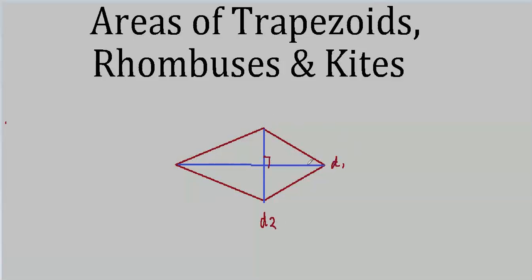The long diagonal bisects the shorter diagonal, and that's pretty easy to see because these two sides are congruent, right, in a kite, and these two sides are congruent. So if you just look at this part here, we've got an isosceles triangle. Look at this part here, we've got an isosceles triangle.